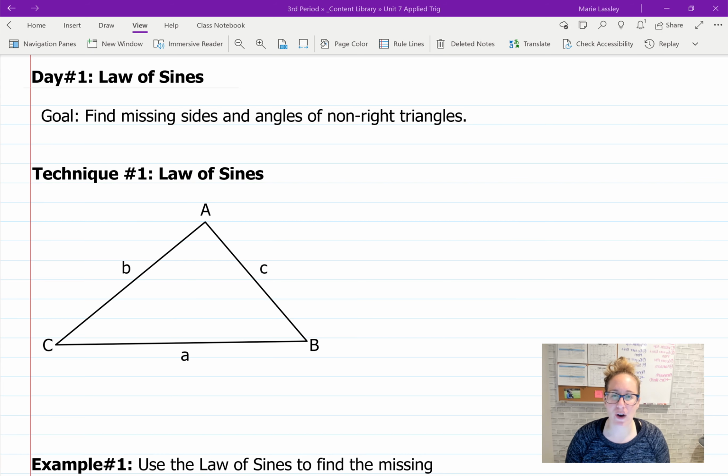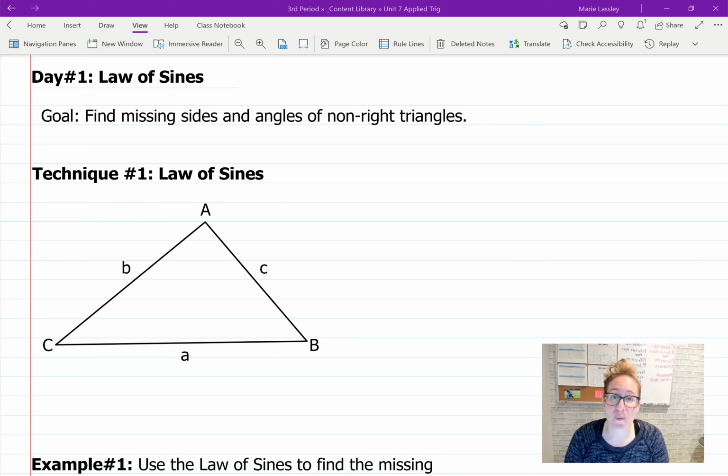You can do that because you have a hypotenuse. But there is actually a way to find missing sides and angles of non-right triangles using trig, and one of those techniques is the law of sines.